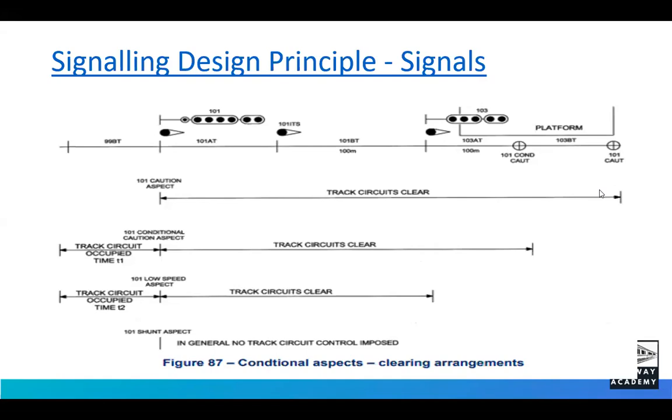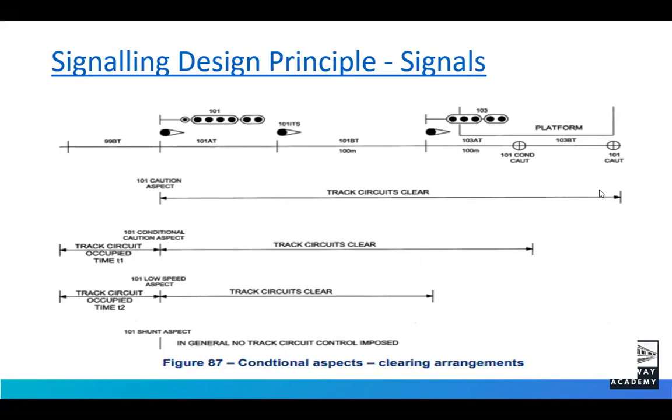Whenever reduced overlap is there, you will have the conditional caution aspect. That is, the train has to pass on the approach track for some time, and only after some time passes will the signal clear. But if you have full overlap, as shown in the second circle, there is no need for the train to stop. Immediately, the signal will go to yellow without any delay.